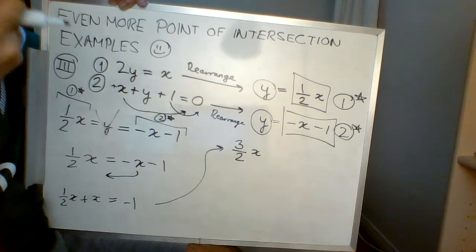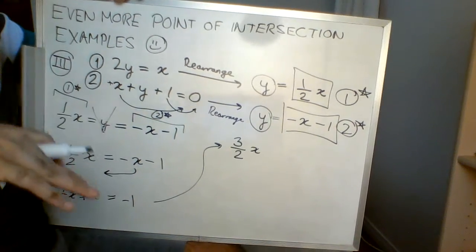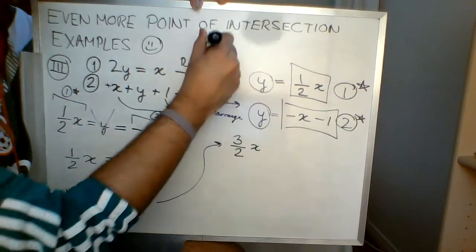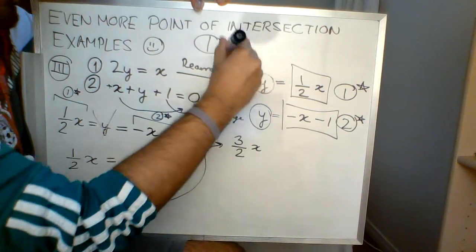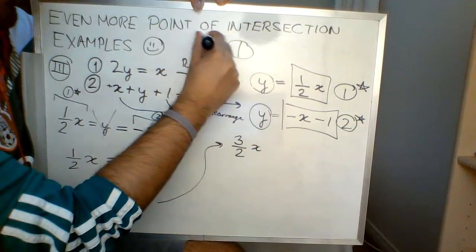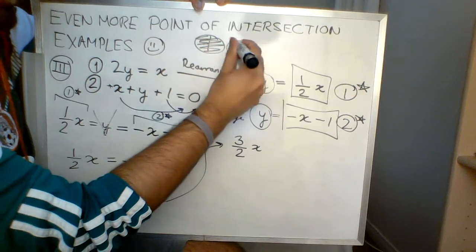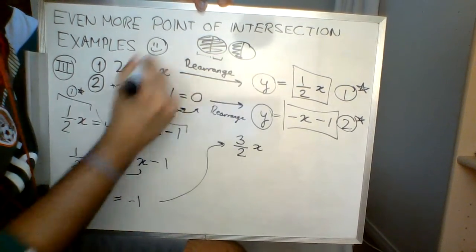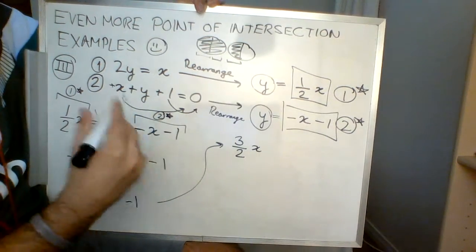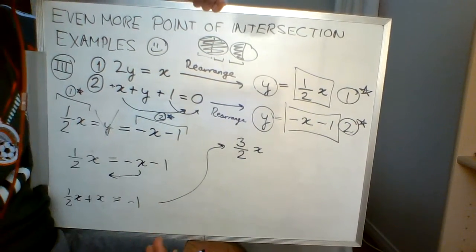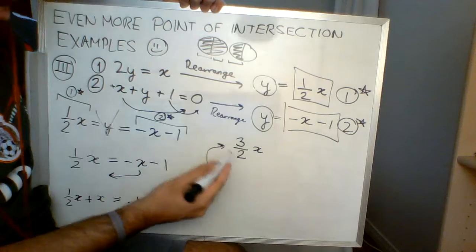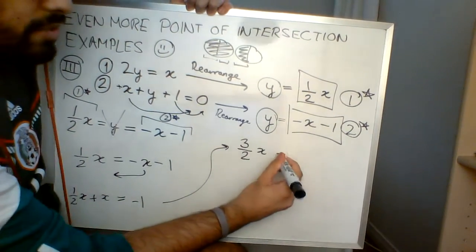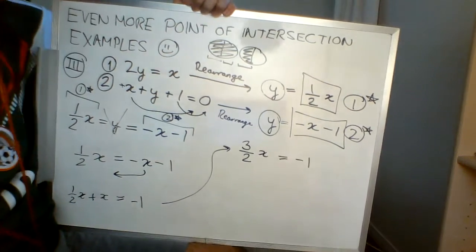If that's not making sense, just think about it like the same thing we've done before, where you've got one whole pizza and then 1/2 of a pizza. Well, this is a half, this is a half, this is a half. So in terms of counting the halves of pizza, we have 3/2 of a pizza. So that's where this 3/2 comes from. And then on the right side we've still got that -1.